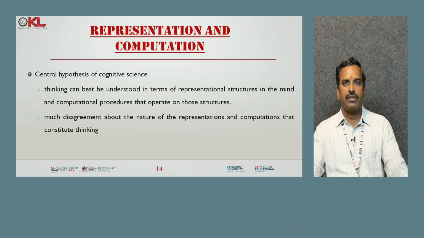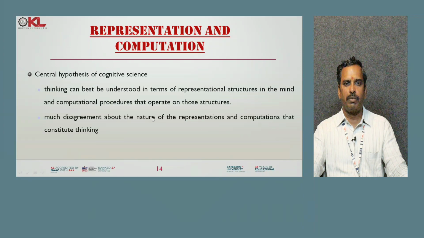How to represent: knowledge representation and computation. The central hypothesis of cognitive science is that thinking can best be understood in terms of representational structures in the mind and computational procedures that operate on those structures.